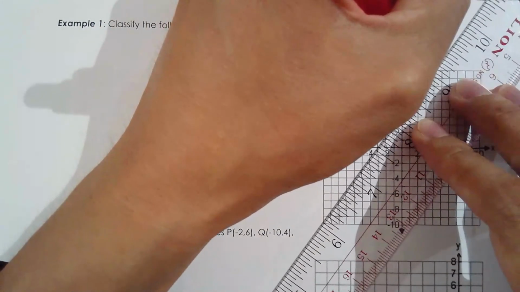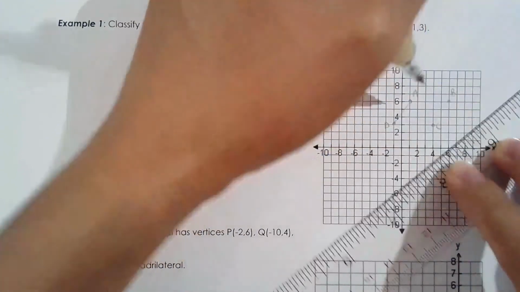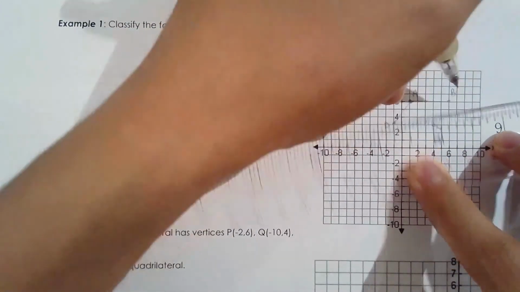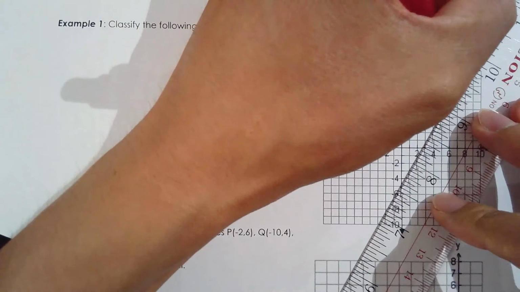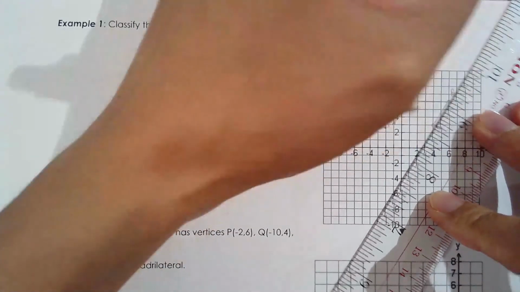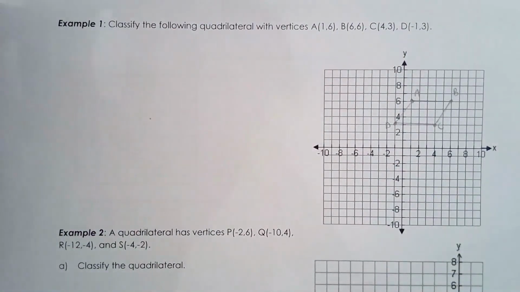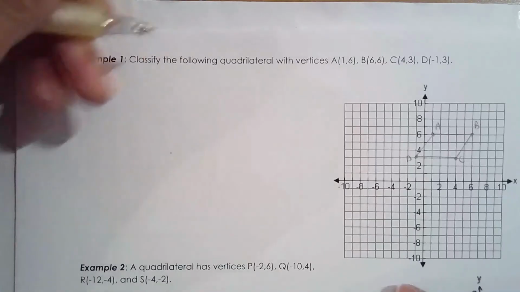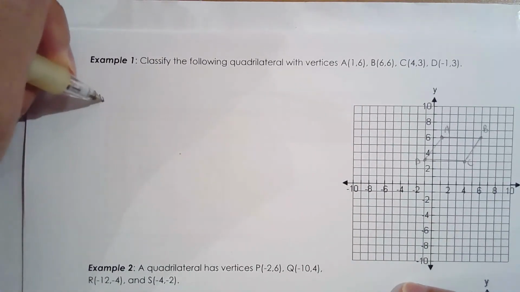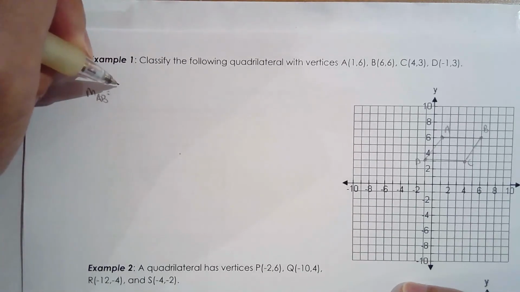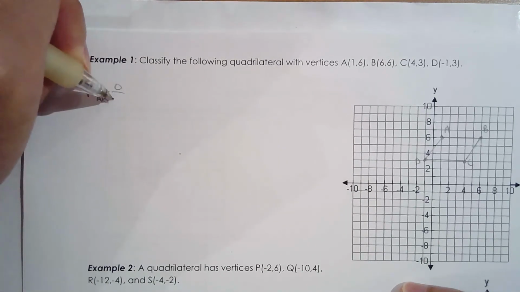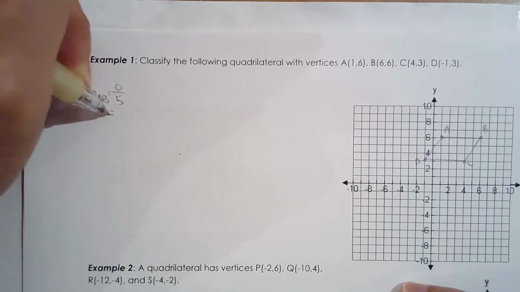So just by drawing that, I see a parallelogram, but you know what? We should really do the math. Remember our shortcut: do 4 slope calculations and 2 length calculations. So the slope of AB is 0 over 5, which is 0.